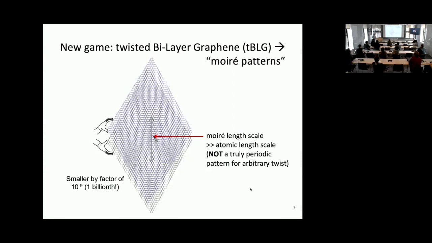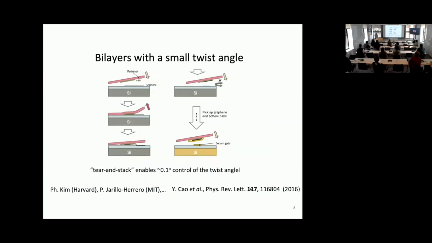If you look closely, this region here does not coincide exactly with this region here, only approximately, for an arbitrary twist. There are special twist angles where there is periodicity, but those are very specific. And the length scale is adjustable by the twist, which gives a very interesting knob for considering many different possibilities.